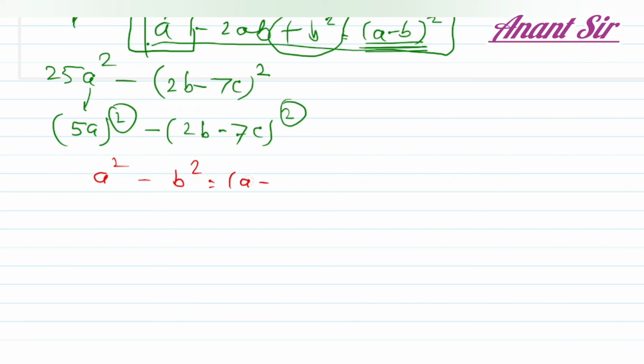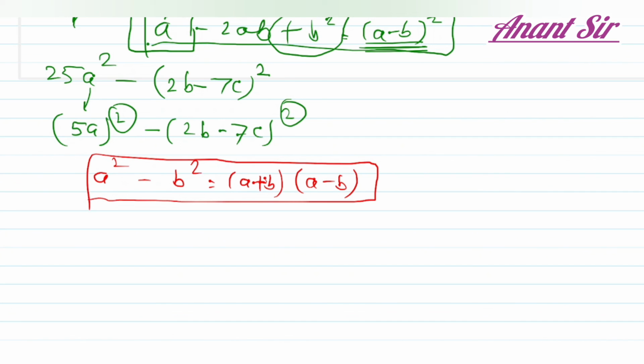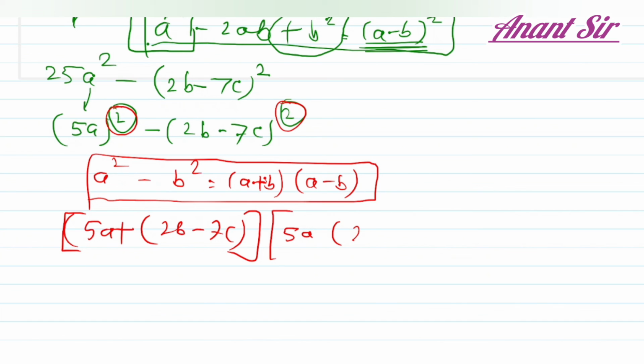If there are two squares with negative sign in between them, then you have to add them in one bracket and subtract them in another bracket. So then the squares are of 5a and this bracket. So what you do, you just put 5a and 2b minus 7c in one bracket with positive sign in between them, and 5a and 2b minus 7c with negative sign in between them in another bracket.